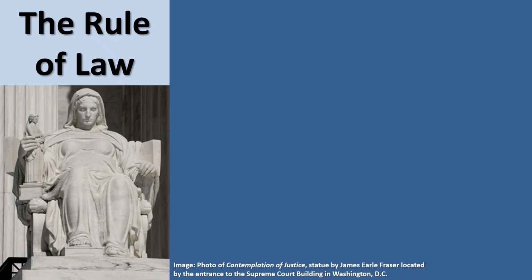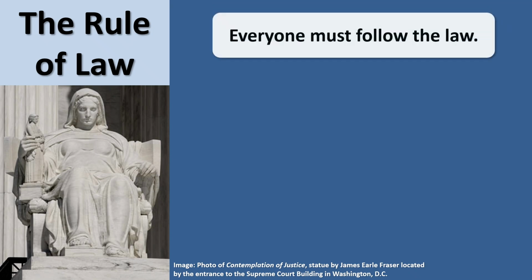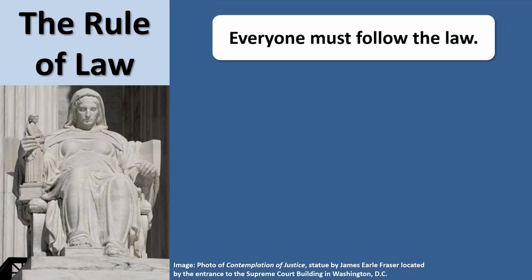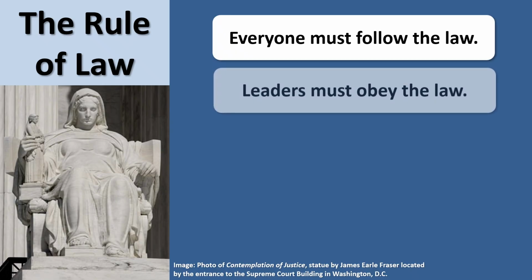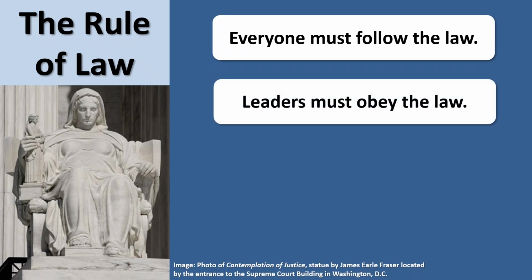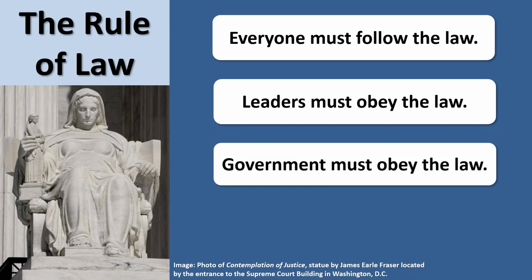A foundational principle of U.S. government that underlies the powers and responsibilities of the judicial branch is an idea known as the rule of law. The rule of law is the standard that everyone must follow the law, even people in positions of great power and influence. Leaders must obey the law. Government must obey the law.